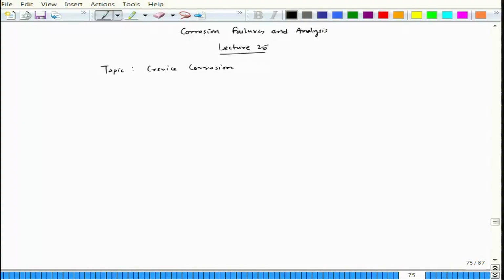Now, that slit can be metal, non-metal, metal deposits, a kind of dirt, or metal or non-metal objects falling on a metal surface. Anything which can create a slit or thin crevice, we call it crevice.